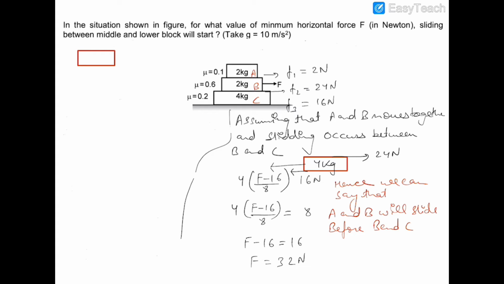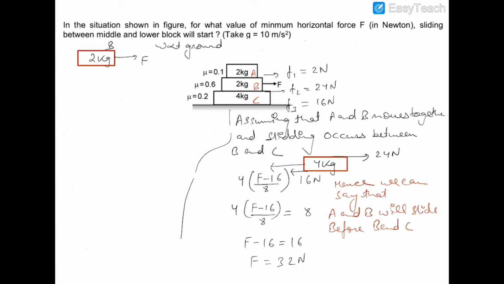This is block B. It has a mass of 2 kg. I am finding out its acceleration with respect to ground, because I know that there is slipping occurring on all the surfaces, so I can find out the accelerations with respect to ground.